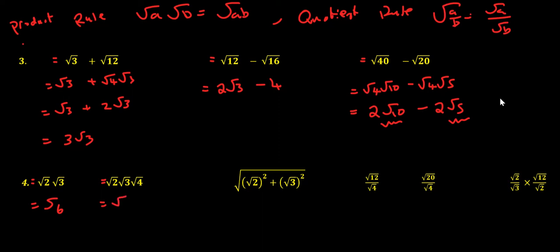So that is the root of 6 multiplied by 2, which is 2 root 6. So this just simply removes the radical sign. So this just gives 2 plus 3, which is the root of 5, which is the surd.